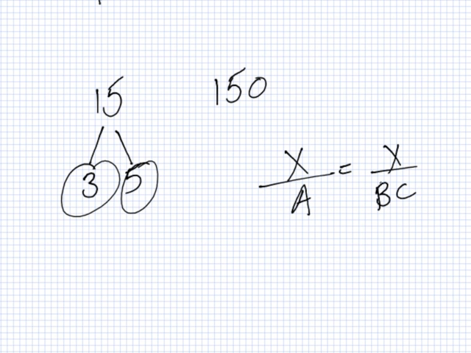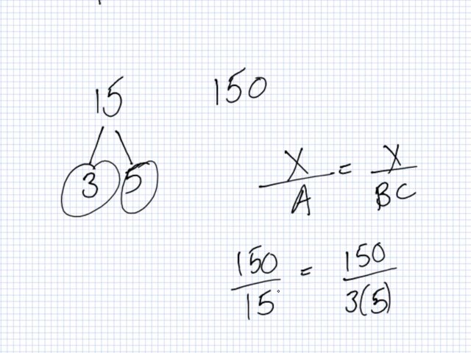With numbers, 150 over 15, you can change the 15 into 3 times 5. So that means part of it you can cancel. It can go in nicely.